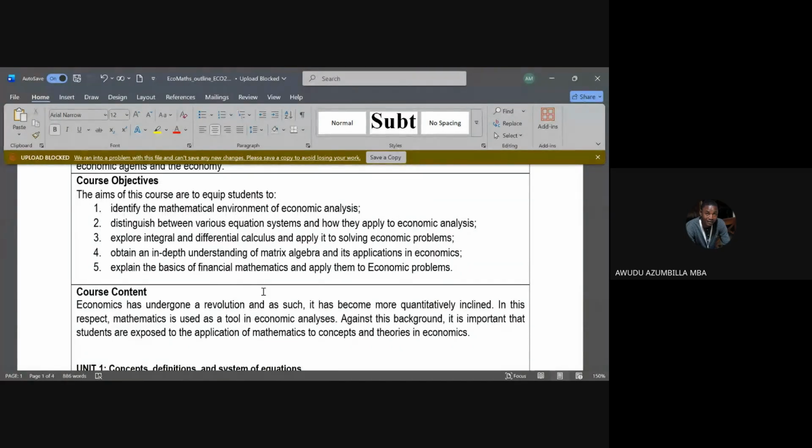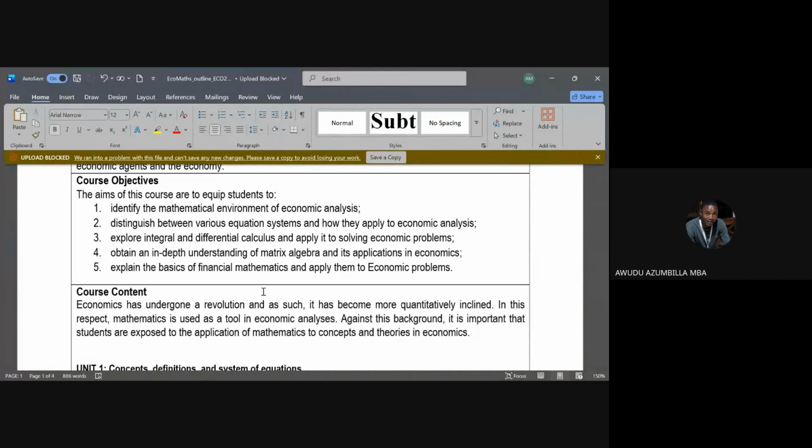Identify some mathematical concepts or mathematical environment where they found themselves, and then use those mathematical concepts to explain or analyze economic phenomena. So, a basic mathematics background, basic mathematics concepts, will help in analyzing economic theories.